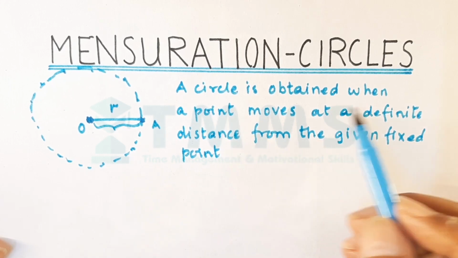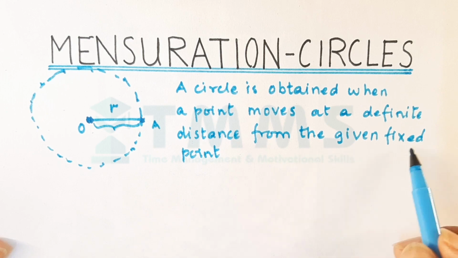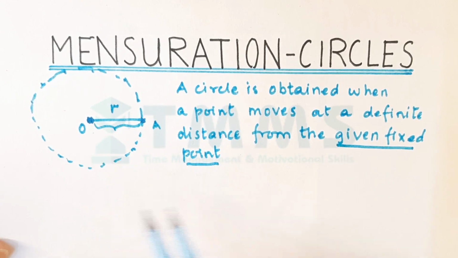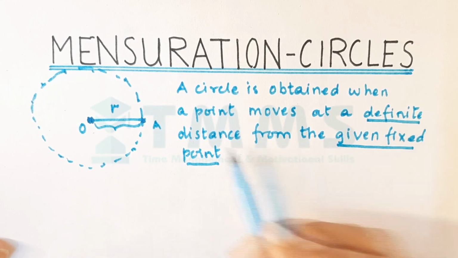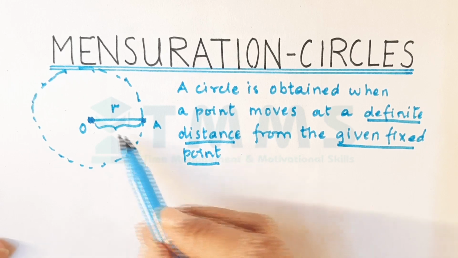So a circle is obtained when a point moves at a definite distance from the given fixed point. The given fixed point is the center, and the definite distance at which it is moving is the radius.